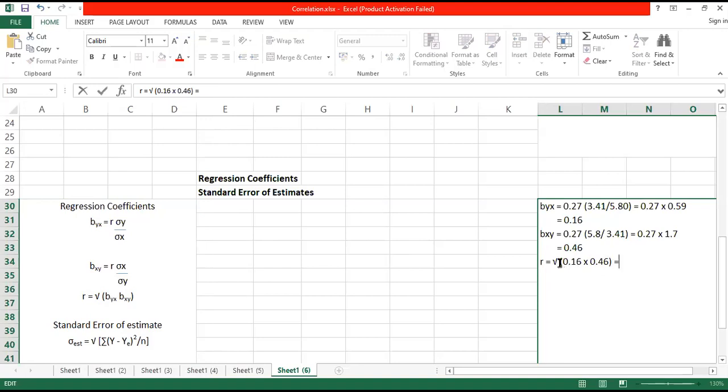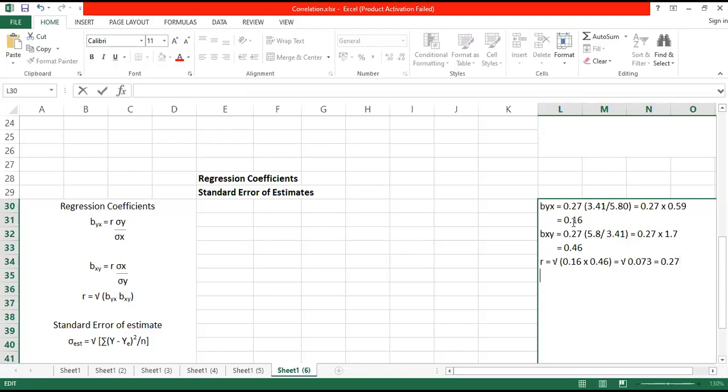So therefore it is the square root of 0.16 into 0.46, so 0.073. The square root of 0.073 is 0.27, right? So we got back our r, correct?